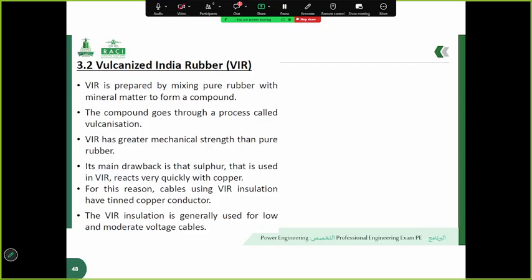VIR is a compound created by mixing pure rubber with mineral matter, which then undergoes a process called vulcanization. This process gives VIR greater mechanical strength compared to pure rubber, making it more durable.